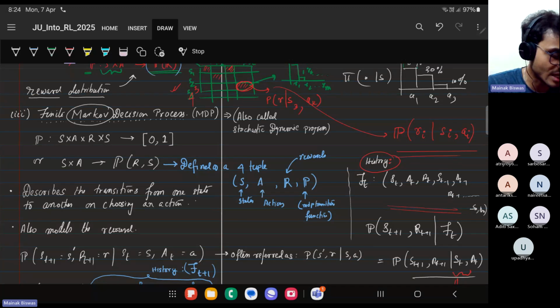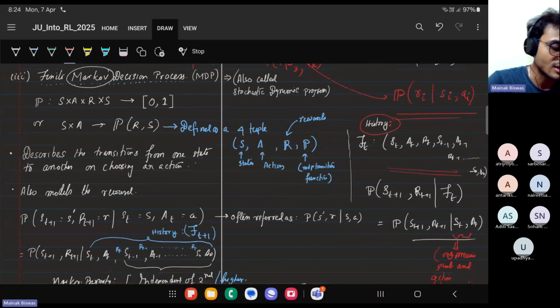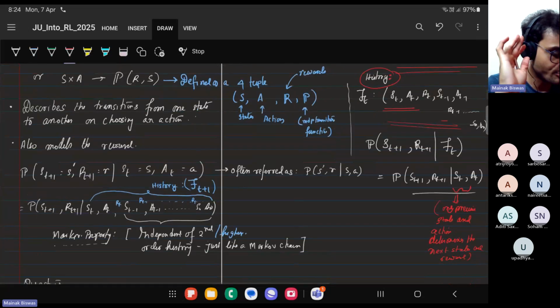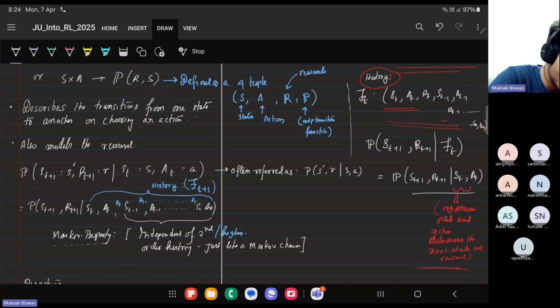It's a 4-tuple of states, actions, rewards, and a probability distribution. That distribution is defined such that given the entire history of rewards, actions, and states, the next state and reward only depend on the previous state and action.